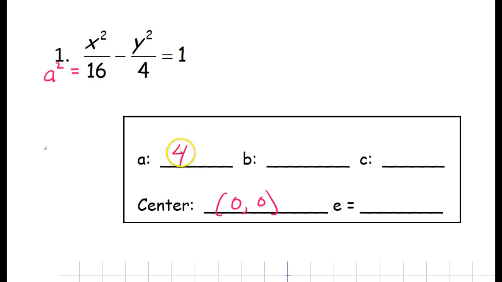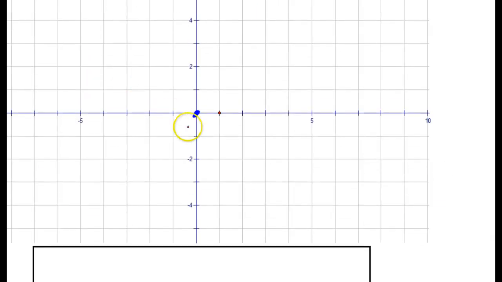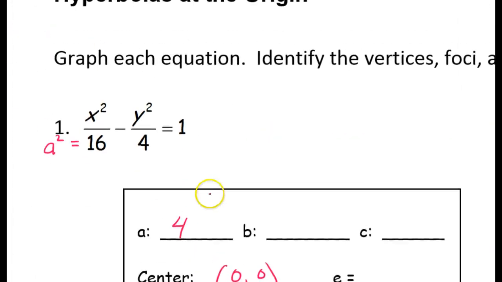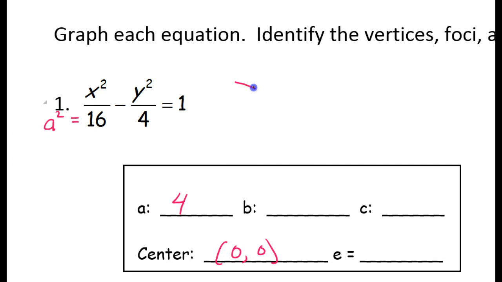So I'm going to do plus or minus 4 in the x direction. So if I go left 4 and right 4, these will be my vertices. By the way, we already know that the branches will open left and right, because the first term, the positive term, is an x term, so the hyperbola will be horizontal.